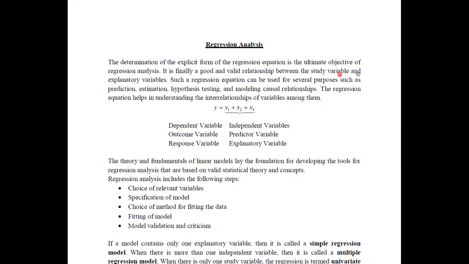The study variable, simply, we can say it as the y variable, and the explanatory variables are the x variables. Once you perform these regression equations, you can use them for several purposes, such as predicting or estimating values, hypothesis testing, and modeling the causal relationship.